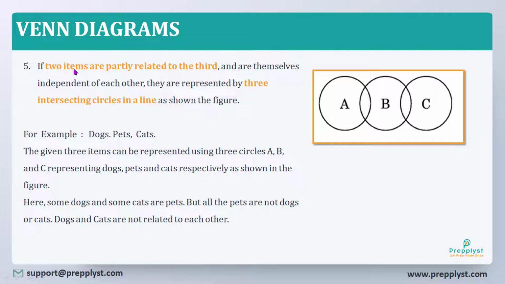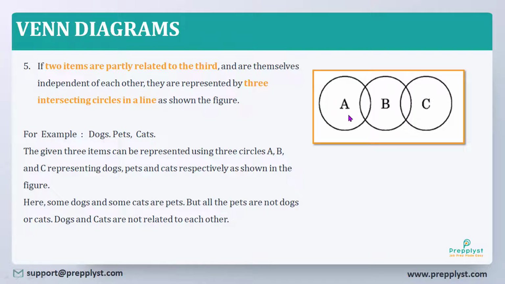Now let's take the next. If two items are partly related to the third, themselves independent of each other, like A and C both have something common with B, but A and C are not related to each other. So for example, if you have dogs, pets, and cats. So B is the circle which represents pets.